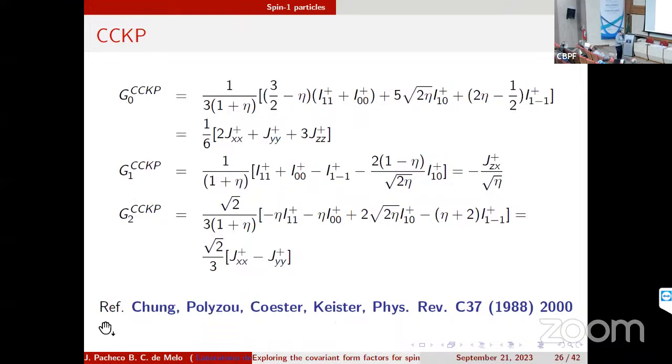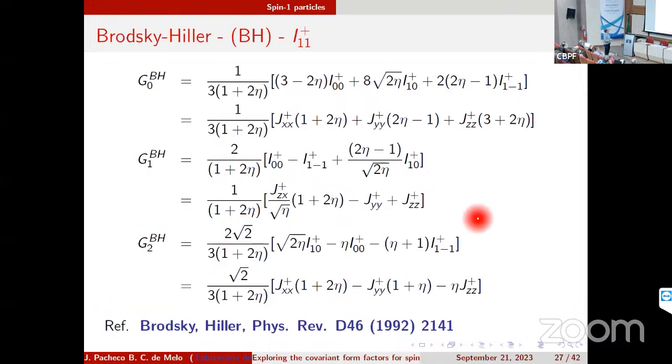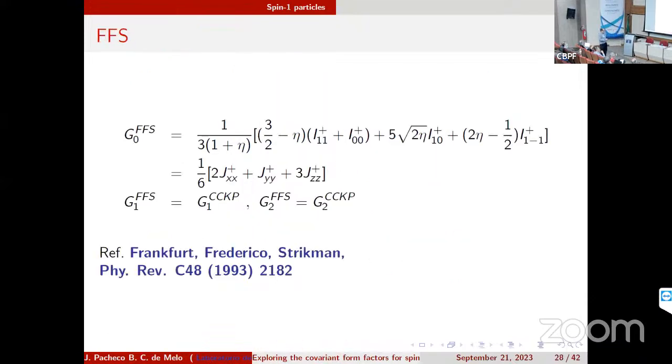That is in this paper. Then you have the Brodsky-Hiller combination. Eliminate 1, 1, and use another 1. Okay, that's another prescription in this paper, 9.2. And Frederick, Frankfurt, Strikman have another combination for the charge form factor, and for the magnetic you use the same Chung-Keister-Polizou.